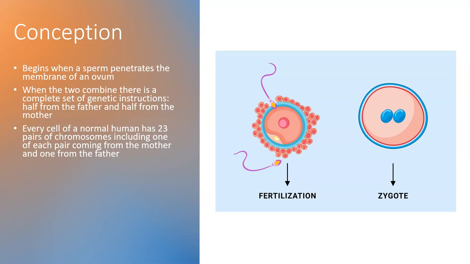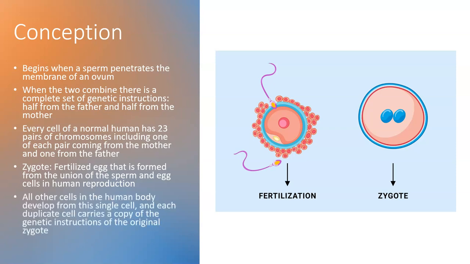Every cell for humans under normal circumstances is going to have 23 pairs of chromosomes, including one of each pair coming from the male and one from the female. A zygote, that term refers to a fertilized egg that comes from sperm and egg uniting through human reproduction.